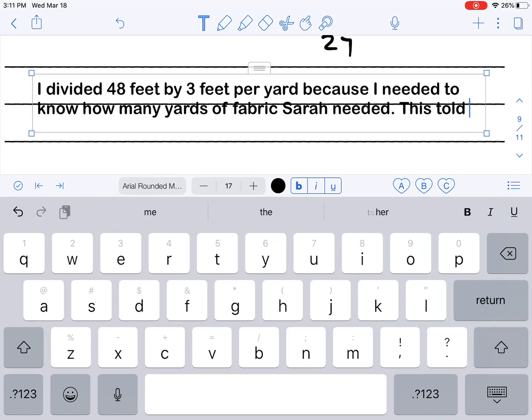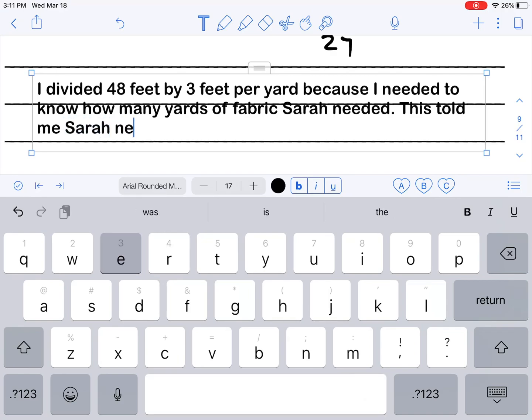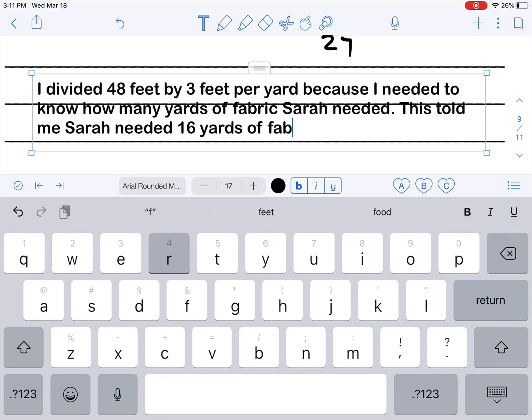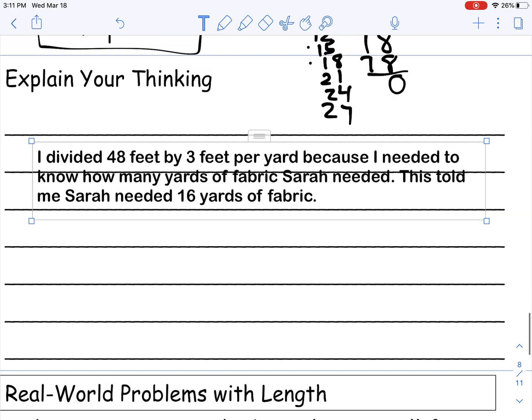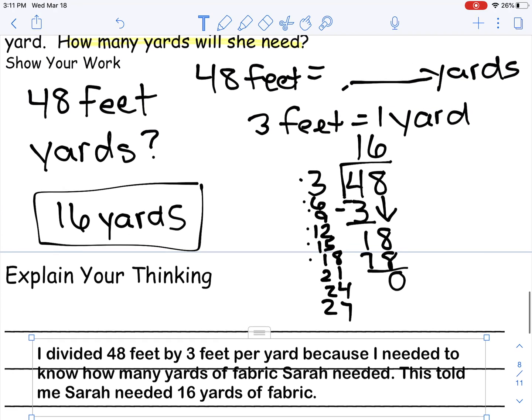This told me Sarah needed 16 yards of fabric. So that's an example of a word problem where you have to convert the units.